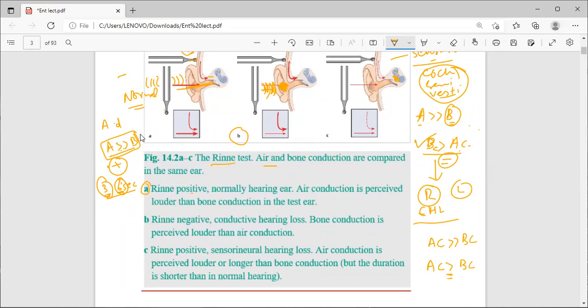So the Rinne test will be positive, which means air conduction is greater than bone conduction, as in the normal setting as well. But the difference is that you will not hear as well as normal, and there will be a lag between air conduction and bone conduction. So it will not be double the duration, just above the bone conduction. It will be a bit delayed.